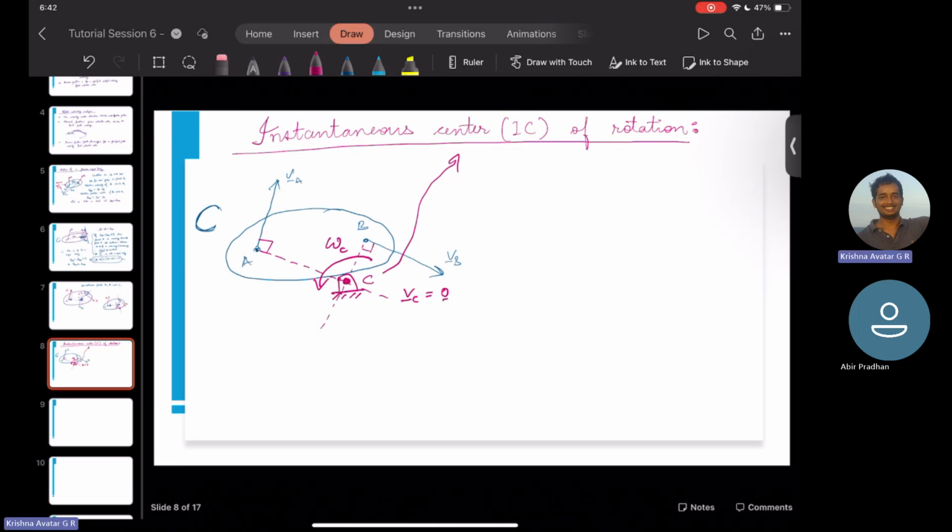Now the question arises, how do we obtain omega c, or the angular velocity at an instant, right? For that, going back to what we had learned, I think, in class 9, about circular motion.